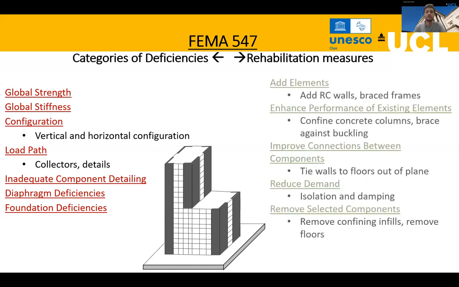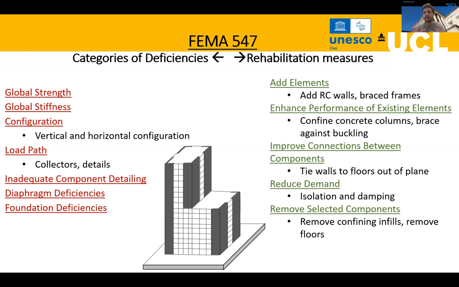In those cases, and for each one of these deficiencies, there should be a rehabilitation measure, and the FEMA 647 presents a correlation between them, and we are going to see throughout this presentation that relation precisely. In relation to the rehabilitation measures, there are 5 main types or categories of rehabilitation measure.